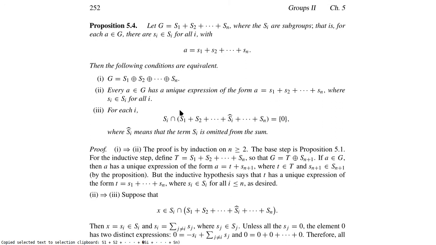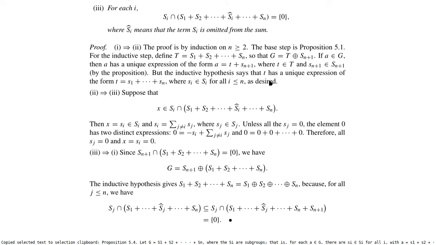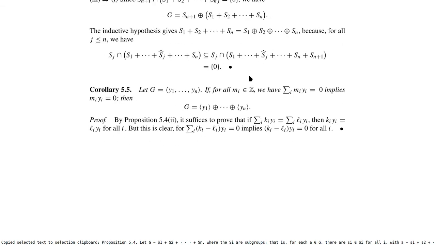So this sum excluding Si is disjoint with Si. If you take Si intersected with this whole thing, you're only going to get 0 as the common element. And this, as I said, is just the generalization of the previous proposition, and the proof is pretty much the same. You're going to apply induction again.